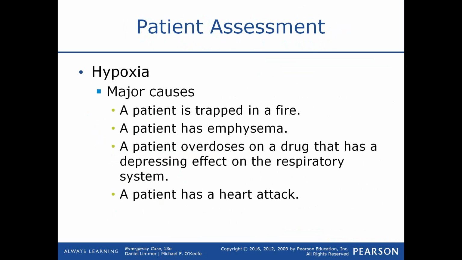Now, if they're still alive when you pull them out of the fire and you do a pulse oximetry, it may tell you that the pulse oximetry is 100% because a pulse oximetry cannot tell the difference between carbon monoxide, carbon dioxide, hemoglobin, or methemoglobin. So a pulse oximetry is a good device if you know what it's telling you.